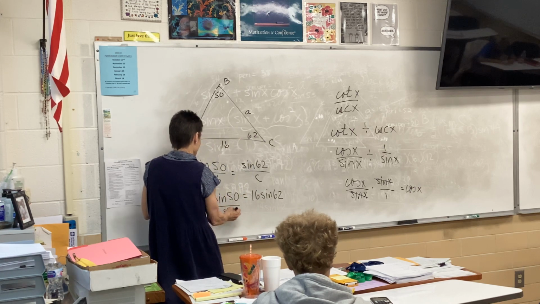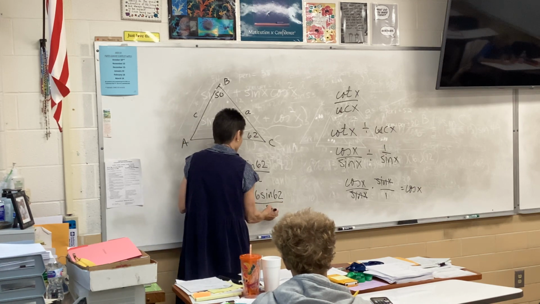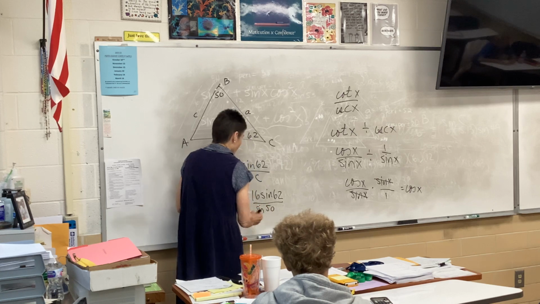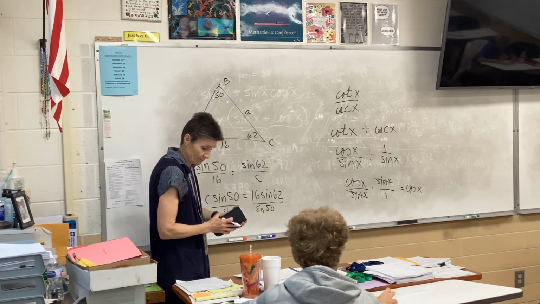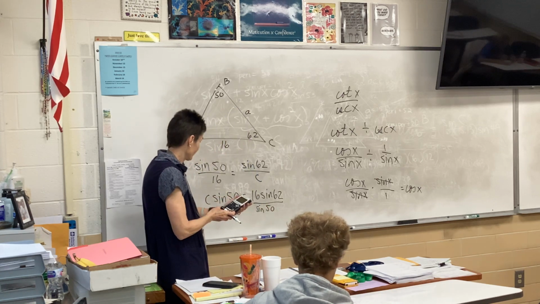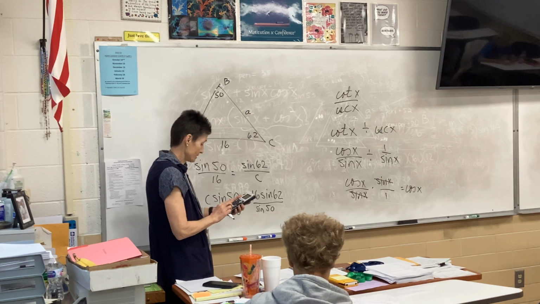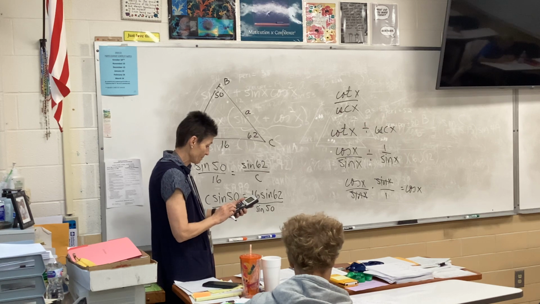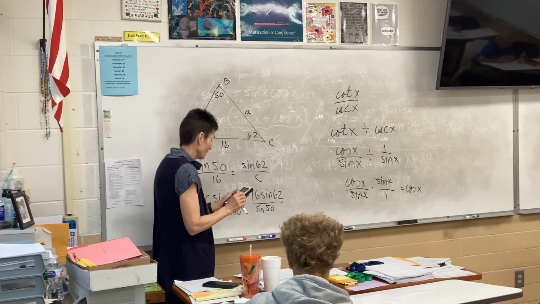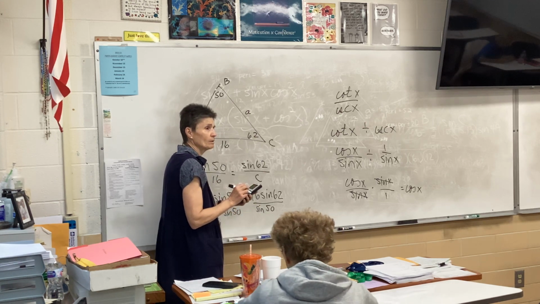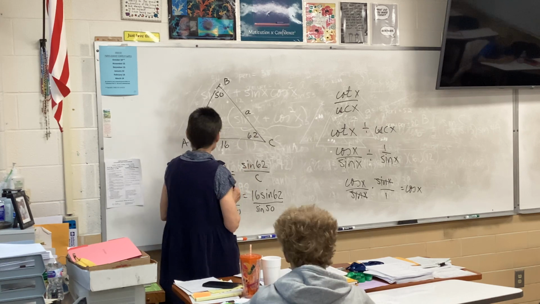We'll divide by sine 50. We'll type that into our calculator. 16 sine 62, close parentheses, divided by sine 50. You said 18.44? Yep. What is that? That's like C.